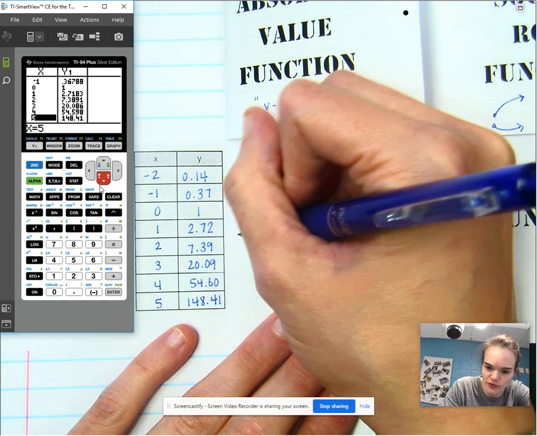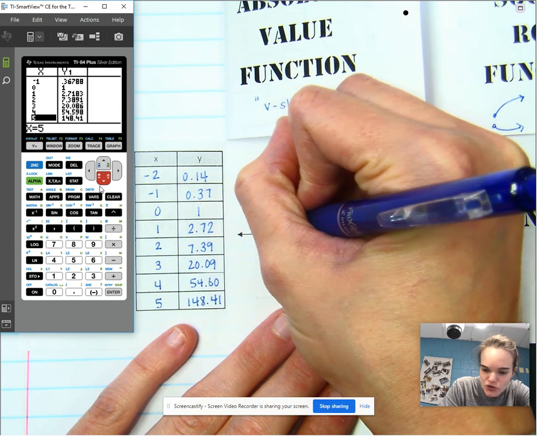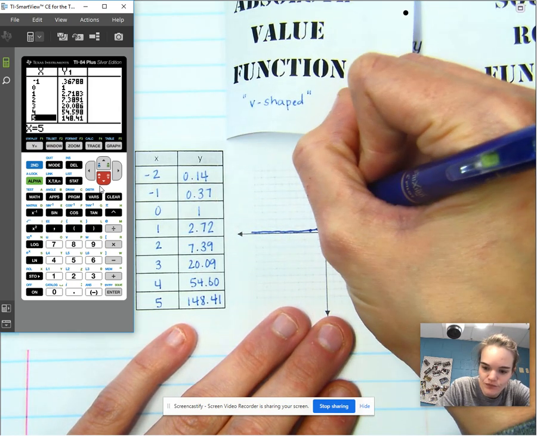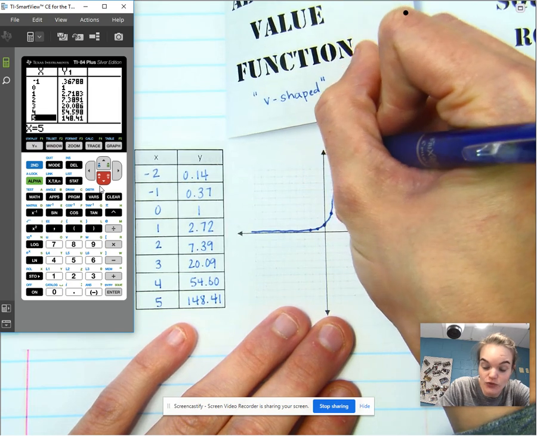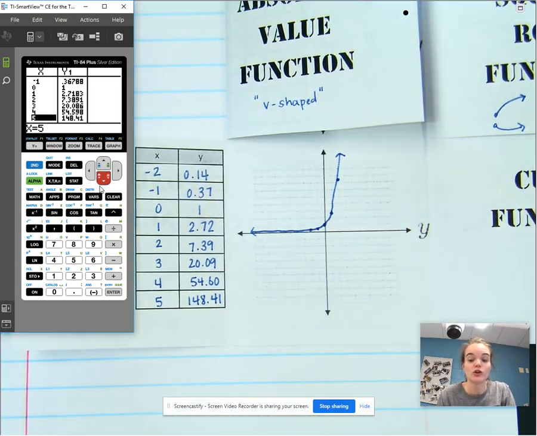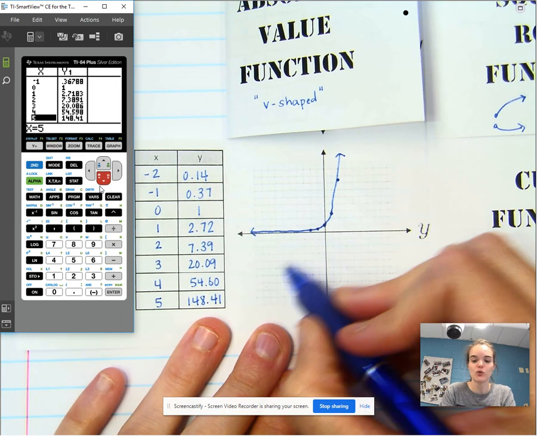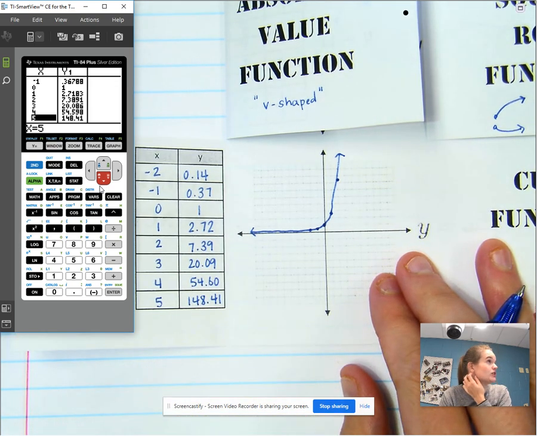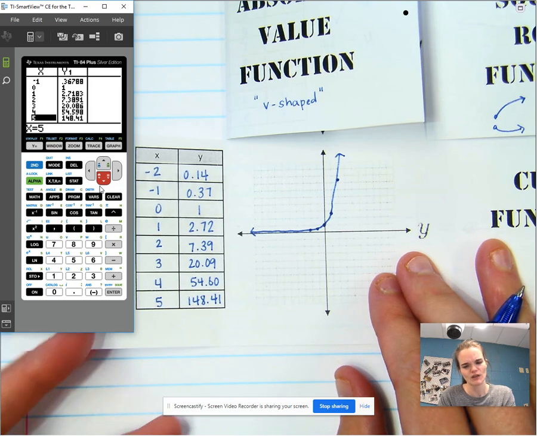Here's what an exponential function does. An exponential function starts off really, really slow, and then it explodes, okay? It gets there really, really fast. It can either go up really fast or it goes down really fast. We'll talk about that a little bit more later too. There's a lot of real world things that have to do with exponential functions, and I'll show you that.